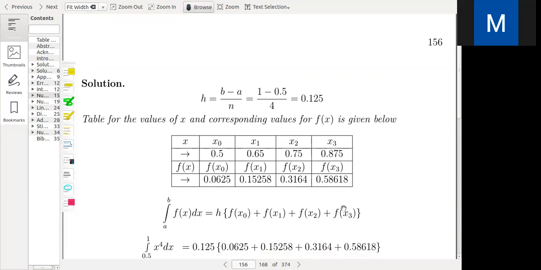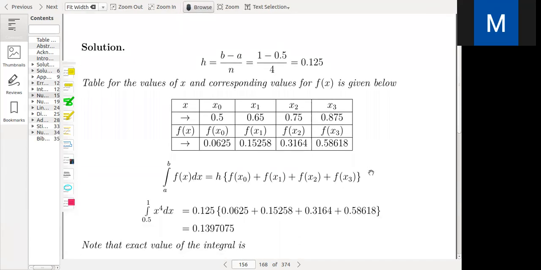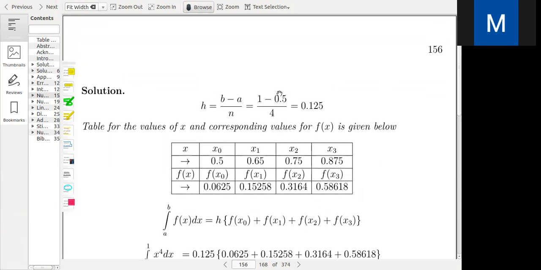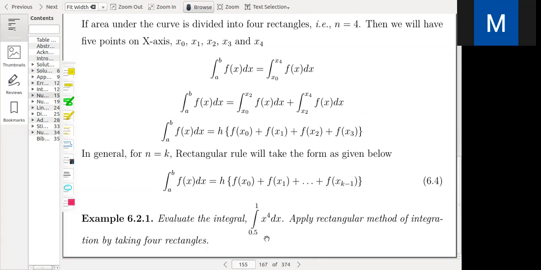Now we can calculate the value of the function. For example, if x is equal to 0.1, f of 0.1 will be 0.1 to the power 4, because the function is f of x equal to x^4.